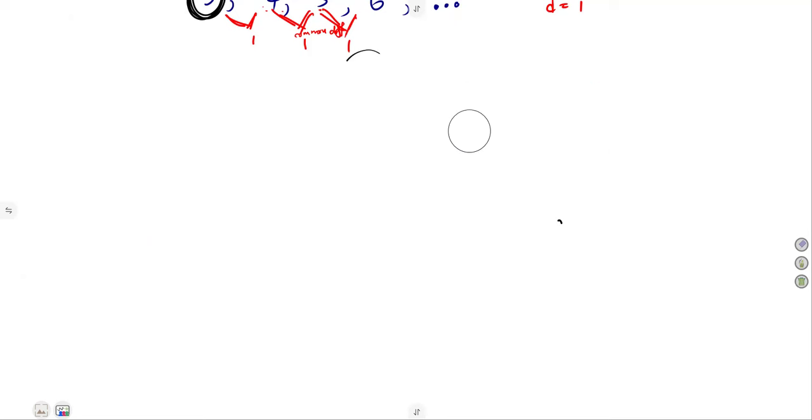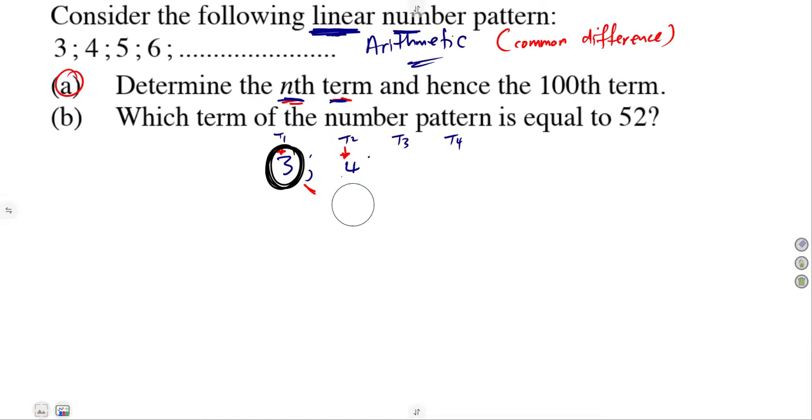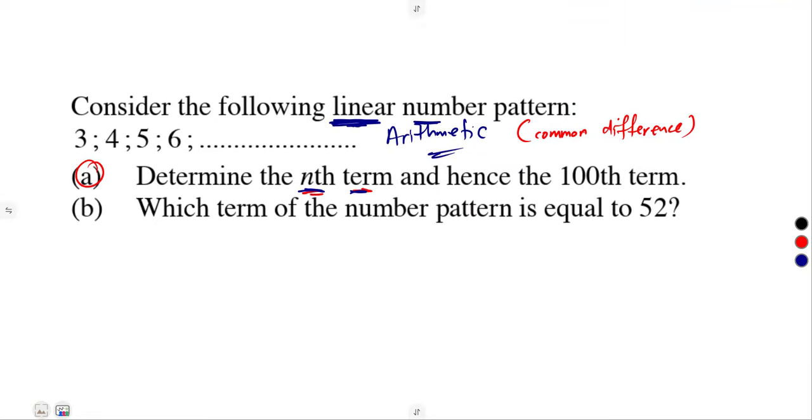So we can use any of the two. The choice now is in your hands, guys. All right, so we got our Tn as n plus 2. Then they are saying, and hence the 100th term, a continuation from the Tn that you calculated, which is n plus 2.